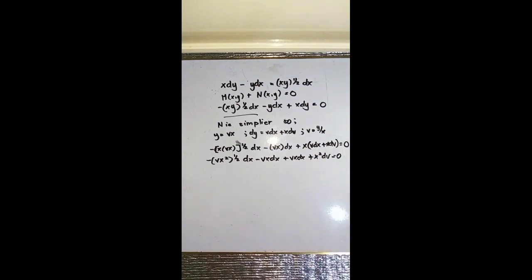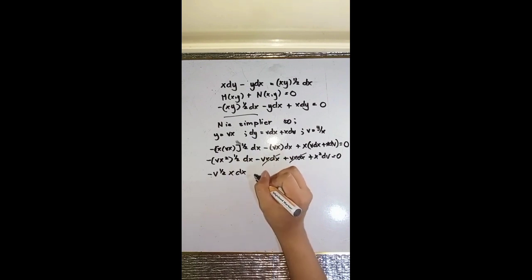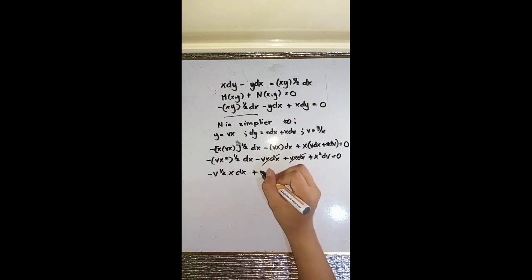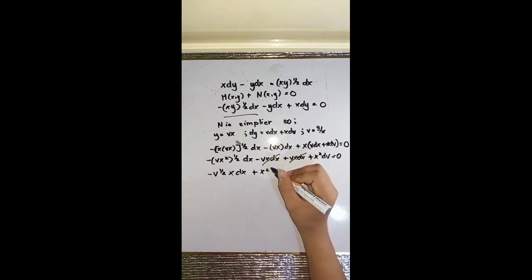Now we cancel. Negative vx dx plus vx dx is cancelable. So the remaining value will be negative v^(1/2) x dx plus x squared dv.